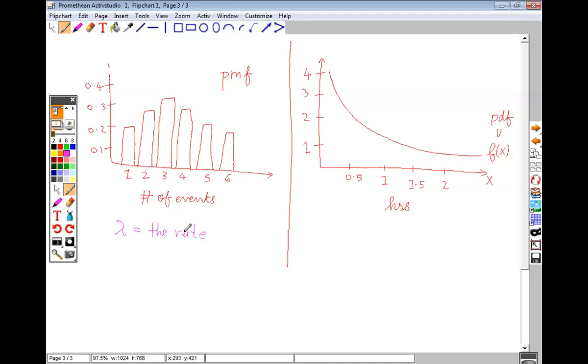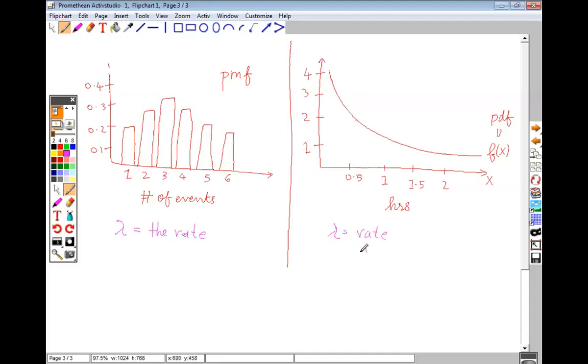And what is the parameter for our exponential distribution? Lambda. And what does lambda here represent? Rate, inverse of the rate, rate per time. Okay, so we have some people saying that it is rate.